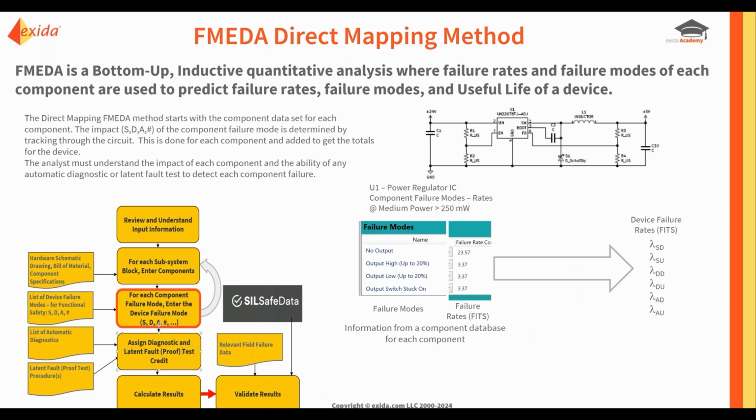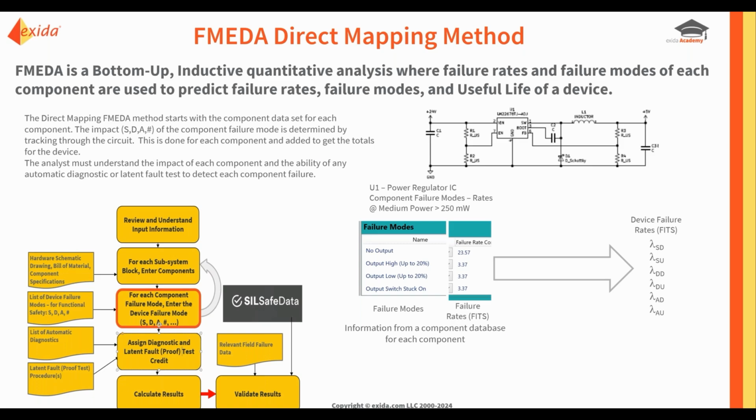When we first invented FMEDA back in the late 80s, we used a technique called direct mapping. We would look at a schematic diagram, and our very experienced designers could look at a schematic and pretty quickly understand what was there and why.